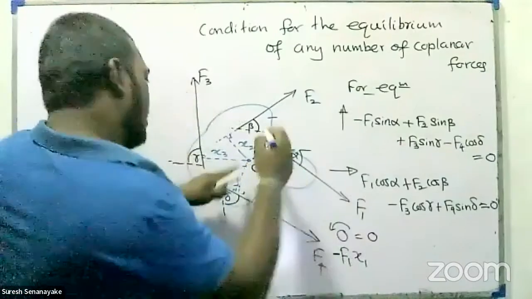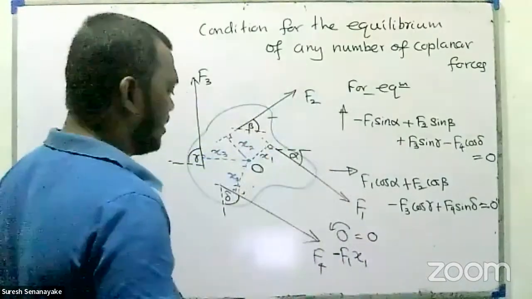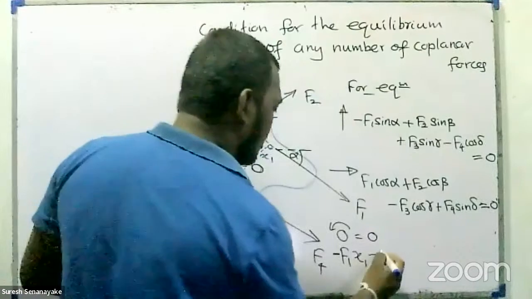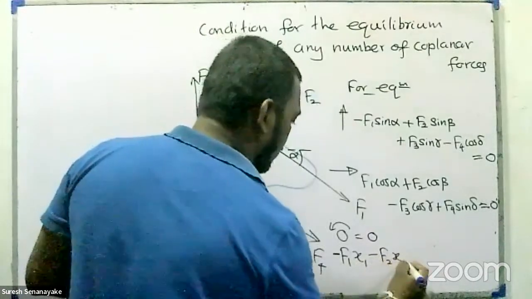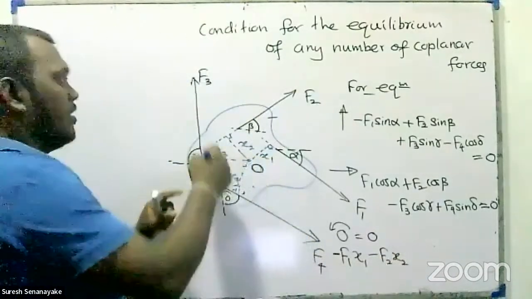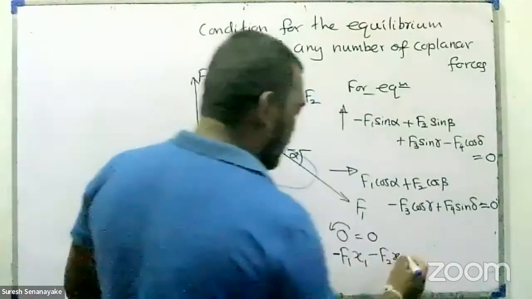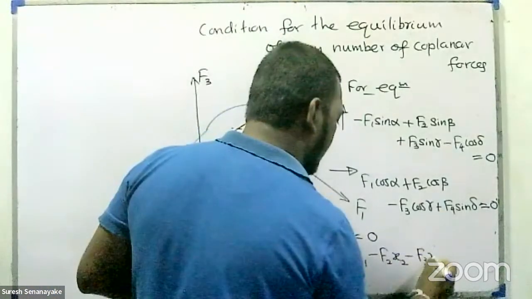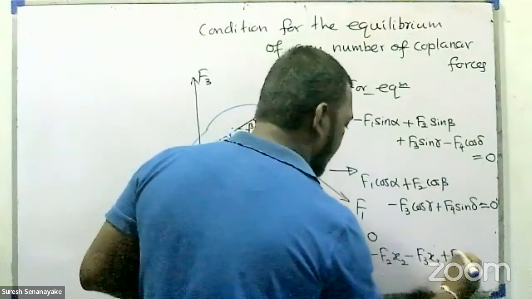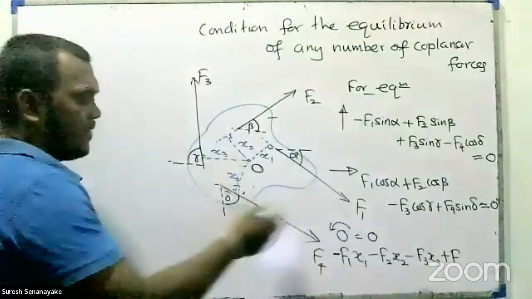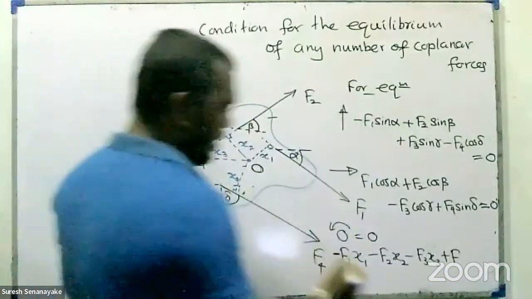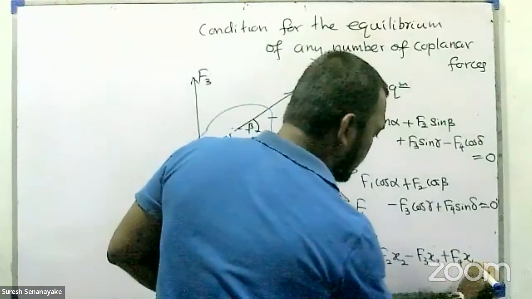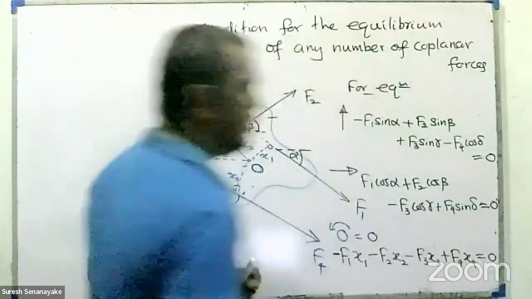And this F2 gives the moment also in the clockwise direction, so minus F2 into x2. F3 also gives a clockwise moment about O, minus F3 x3. F4 gives the moment in the anticlockwise direction, that is F4 into x4. So that should be equal to zero.